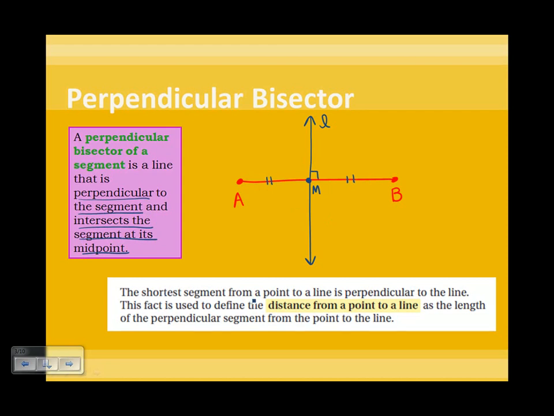Now it says the shortest segment from a point to a line is the perpendicular to that line.